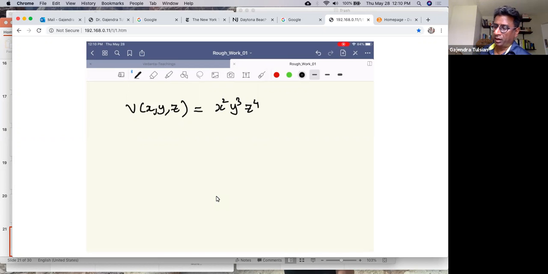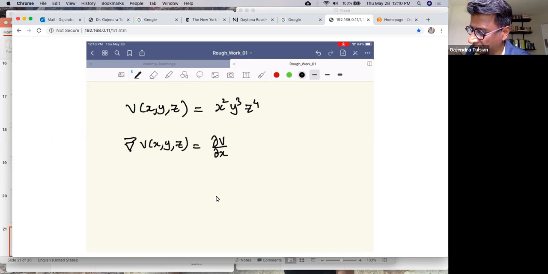And the gradient of V(x, y, z) is defined as del V by del x i, so the x component of the gradient vector is the partial derivative of V with respect to x i, plus del V by del y j plus del V by del z k. Okay, so that's the definition of the gradient.